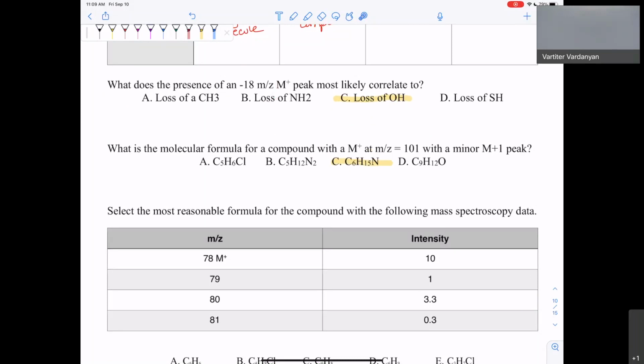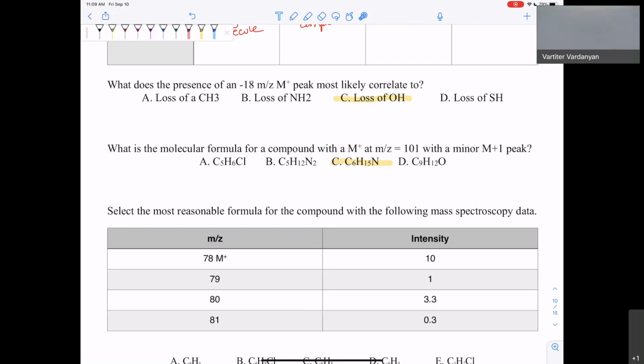For the second one, you told me that the answer is C. How did we know that was the molecule just from the mass that was given? Exactly. The fact that there is an odd M plus peak means that the mass of the compound is odd, so it has to have an odd number of nitrogens.